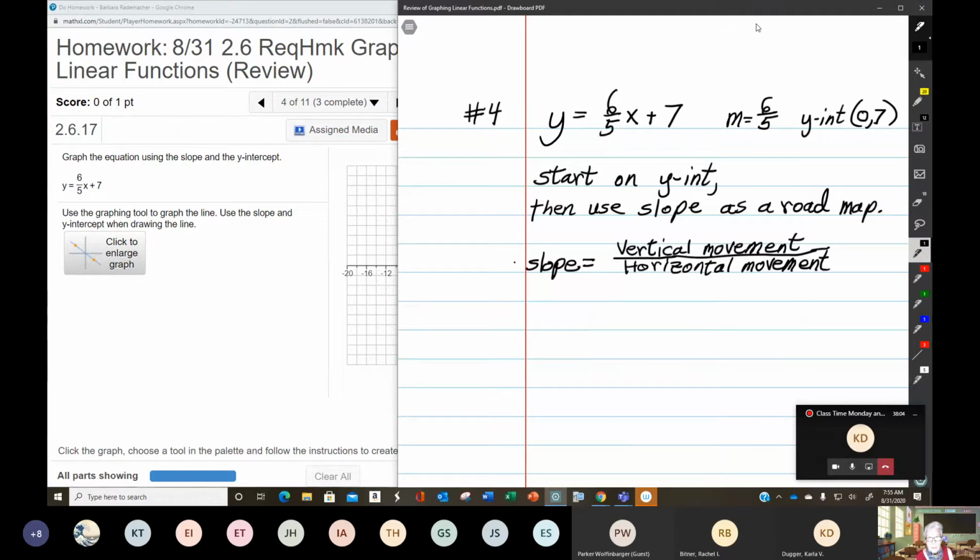Okay, so you've only got 2 kinds of vertical movement. If we're talking about strictly vertical movement, you can only go up or down. You're limited to those 2 movements. So you can either go up or you can go down.